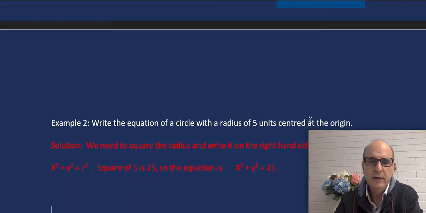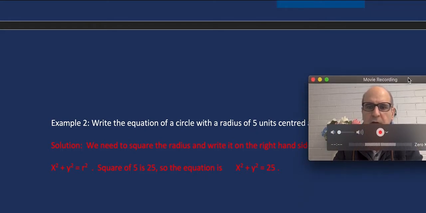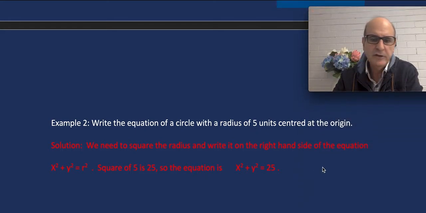Example 2: write the equation of a circle with a radius of 5 units centered at the origin. This time we want the equation of a circle which has a radius of 5 units and is centered at the origin.